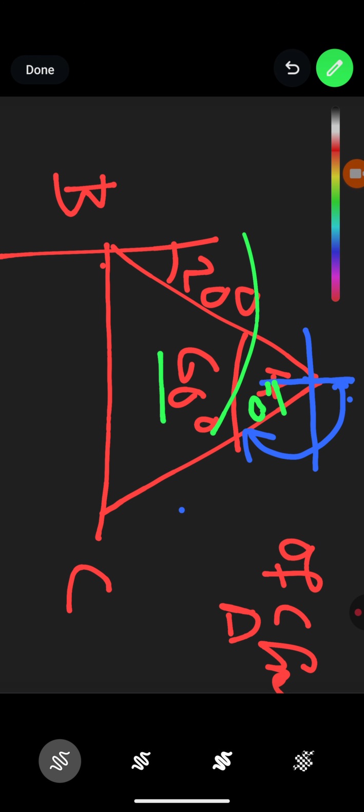Now we start thinking about this. This one is 60. Since I want to know this part, if from this 60 I can remove this part, I'll remain with the part that I want. Is it possible for me to know what this is?